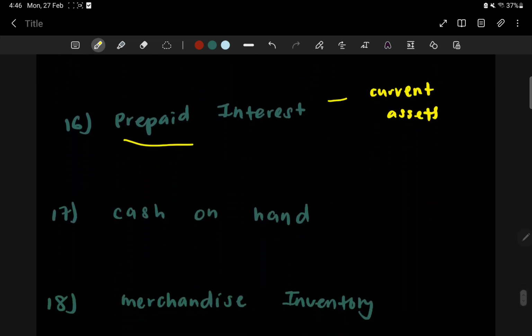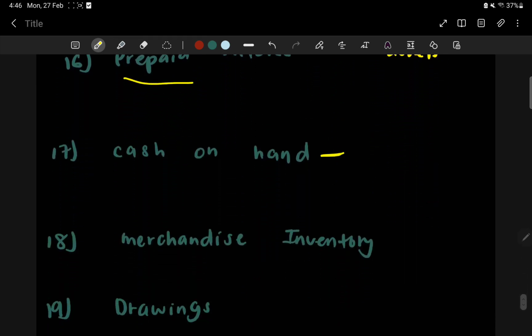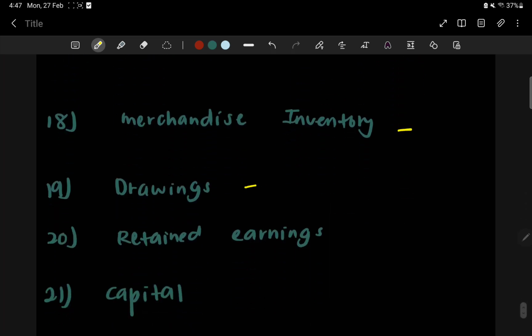Okay, so now, cash on hand. Cash on hand would be a current asset. It has the same meaning as cash, right? So it's a current asset. Merchandise inventory. Well, inventory has the same meaning as stocks. For example, a shoe company has a lot of shoes, so we say they have stocks.